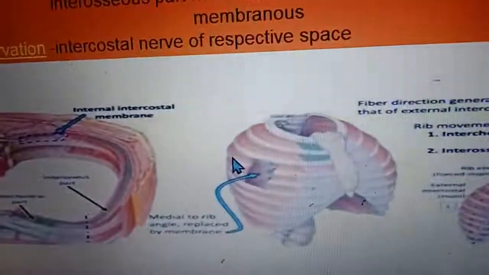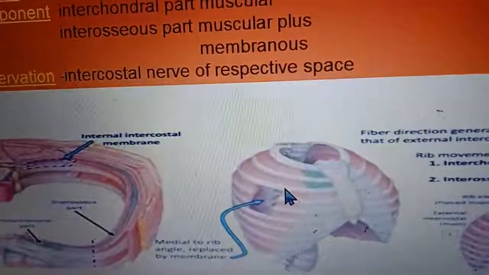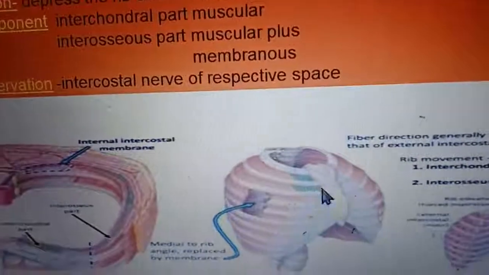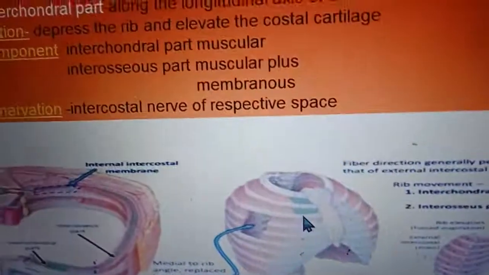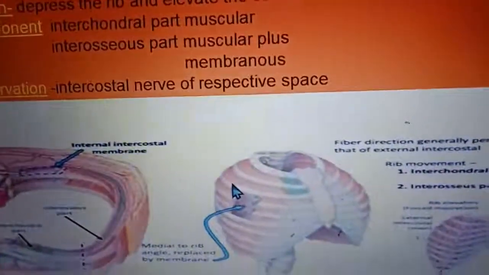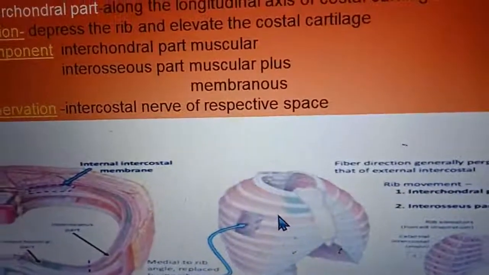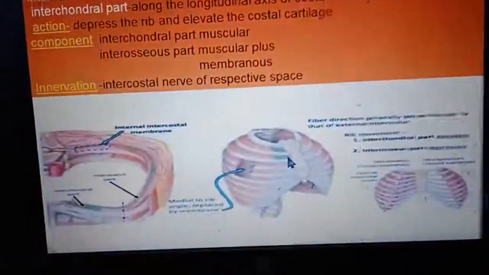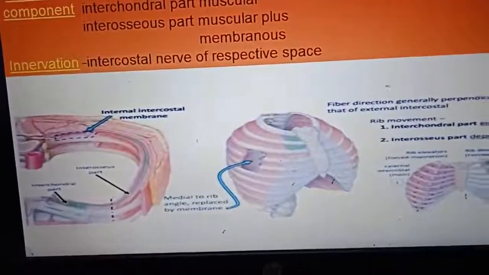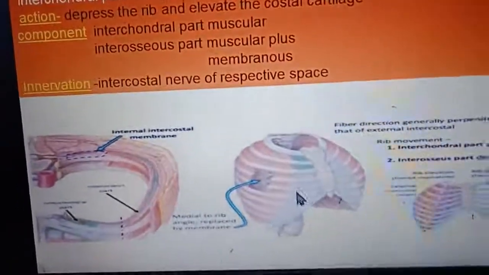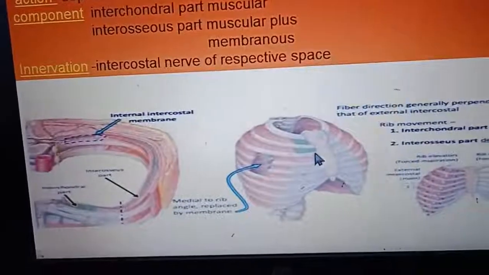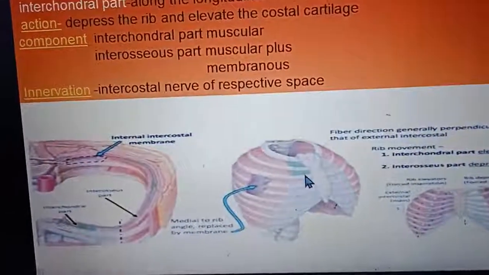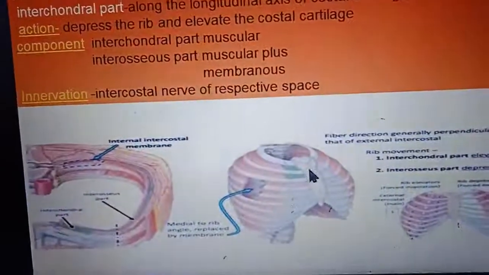The longitudinal axis of the rib, this one, and the longitudinal axis of the costal cartilage are different. The rib is coming forward, medially and downward, but the direction of the costal cartilage is going upward, not downward.